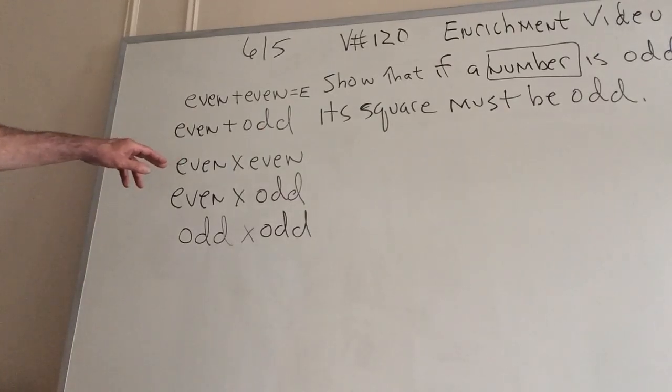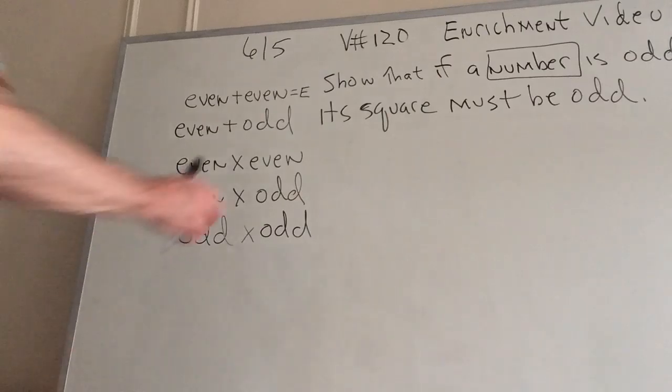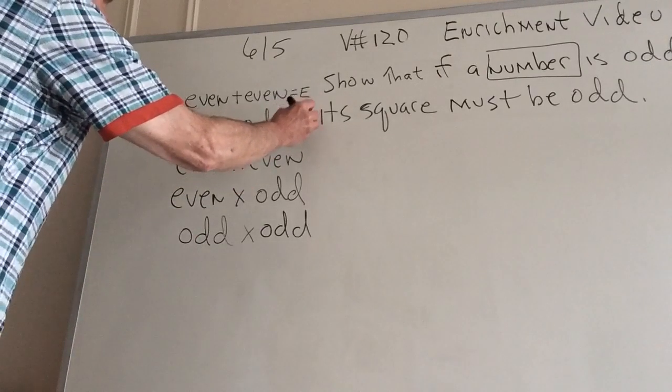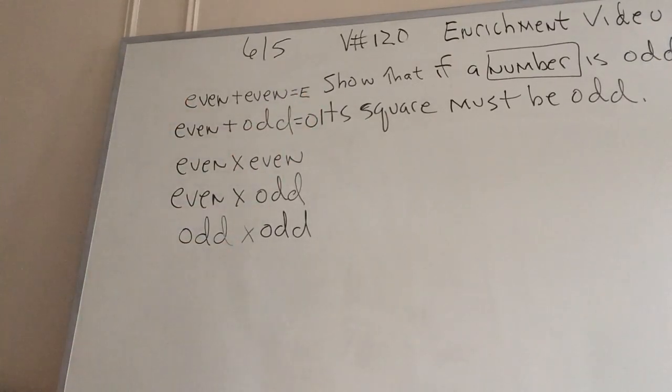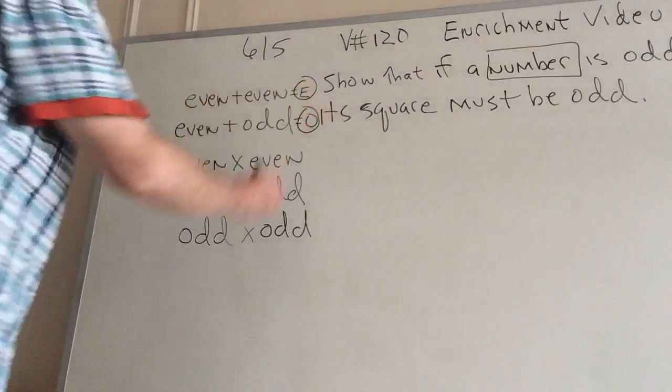And an even plus an odd, this must be what? Just think about it. Do it any time in your head. 4 plus 3. 14 plus 5, you do it until you're tired, okay? So there it is, an even, an odd.